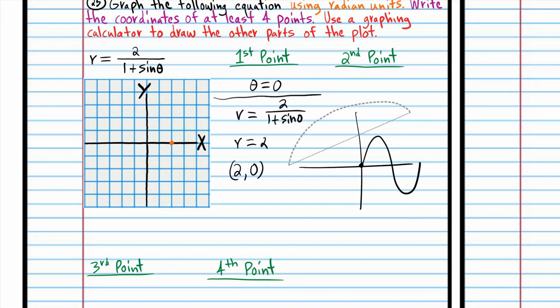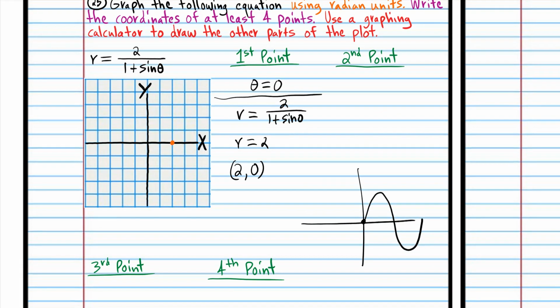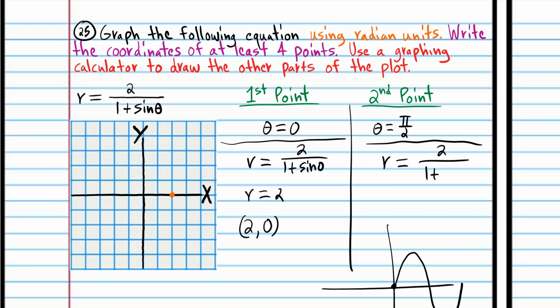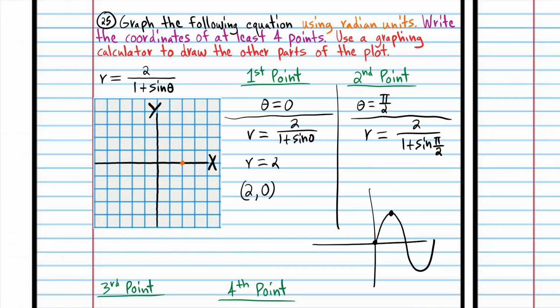All right. And now what can we choose? Well, let's choose pi over 2. Theta is equal to pi over 2. So r is equal to 2 over 1 plus sine pi over 2. Pi over 2 is the same thing as 90 degrees. That's here. So the value of sine would just be 1.